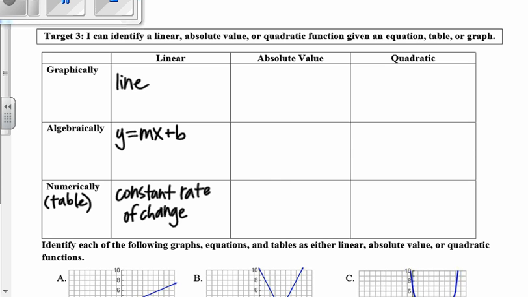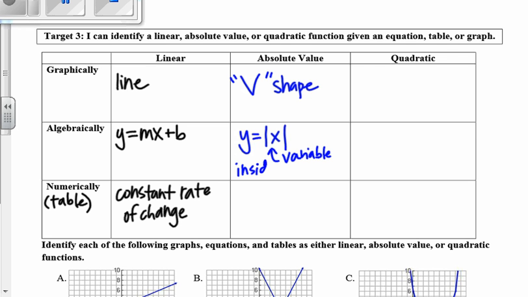Absolute value graphically has a V shape. Algebraically, we have our variable x inside absolute value bars. So variable inside absolute value bars.